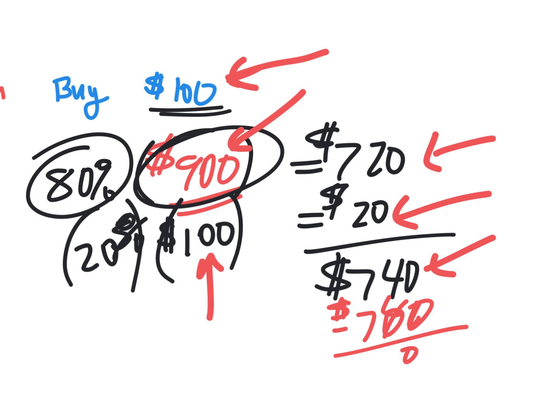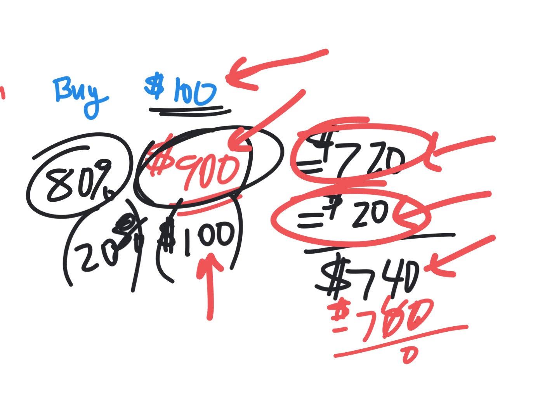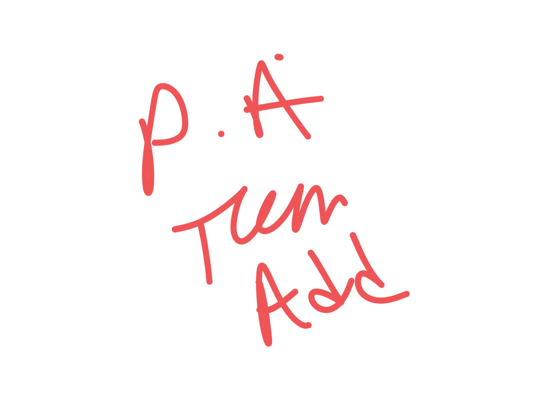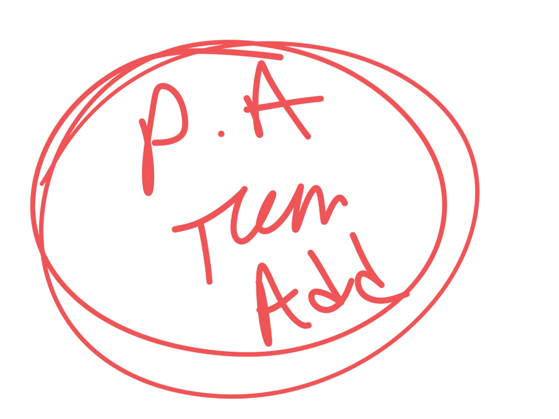So I just used round numbers and tried to give you an example that made it easy to see that people in the real world do figure out expected values. They have to decide, is this worth it or not? And you always do the probability times the amount, and then you add them. If you can remember that, for every expected value, you got to figure out the probability for each thing and the amount for each thing, and then you just add them all up. And if there's a cost, you got to subtract that at the end.